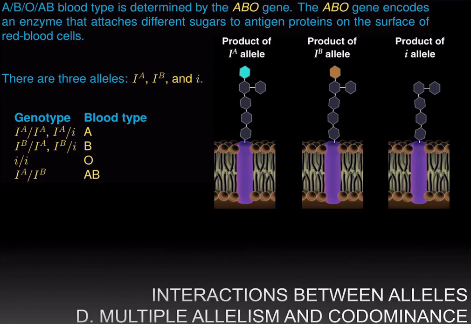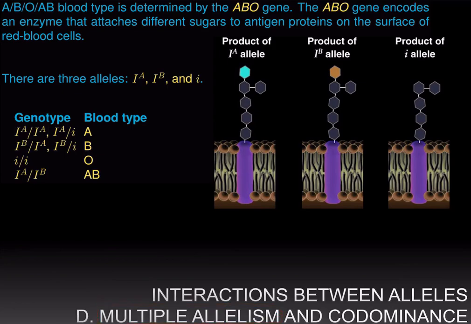So the first interesting thing about the ABO gene and its alleles is that we don't just have 2 alleles, but in fact there are 3 alleles: IA, IB, and little i. And having more than 2 alleles has a name, and it's called multiple allelism.